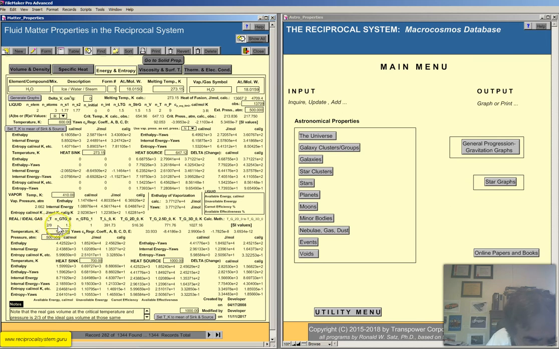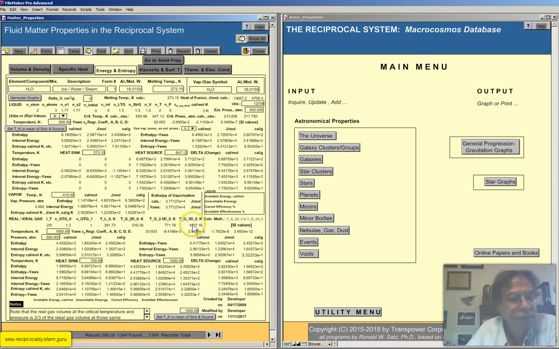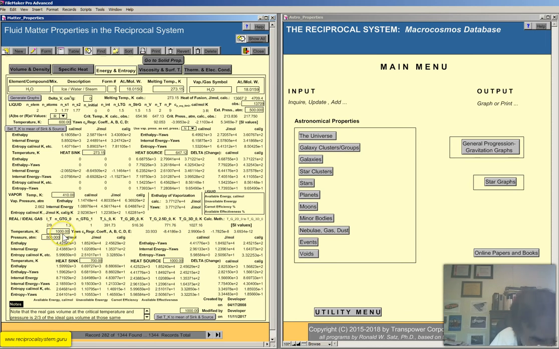And here are all the numbers here. So I'm just telling you, these parameters here all come from the specific heat layout. Now you input the temperature K for the real gas, 1000, and the pressure in atmospheres here, okay?